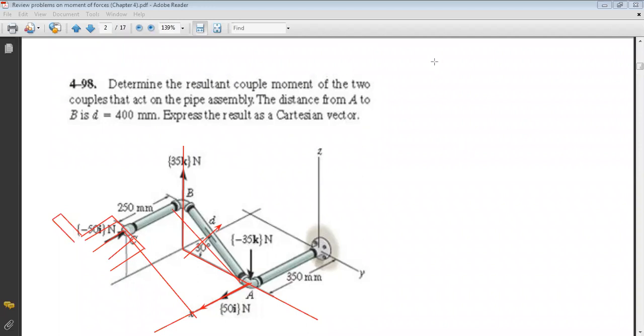The second scenario: I want to find the moment of this force with respect to Z. Then I will put my four fingers in a way that my palm is parallel to the X plane now, and looking at the axis. So in a plane parallel to X, like this, and then my thumb will point downward.